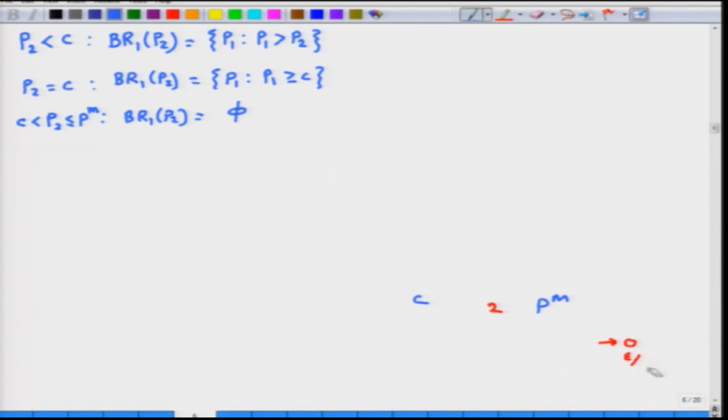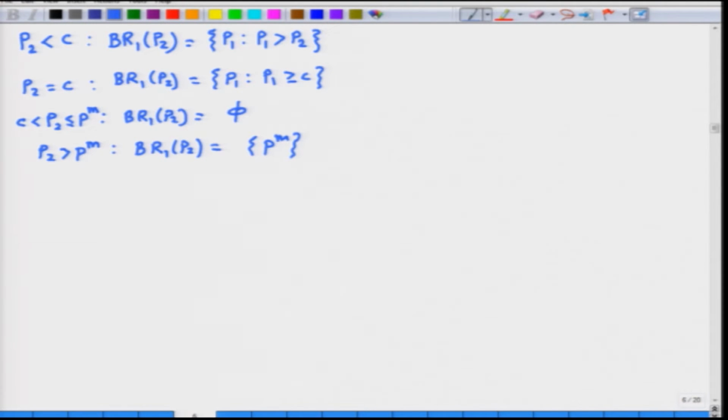So, there is no best response for firm 1. Finally, when firm 2 is choosing a price which is strictly greater than the monopoly price, firm 1's best response is simply choosing the monopoly price, right. So, when firm 2 is choosing a price strictly larger than the monopoly price, firm 1's best response is to simply choose the monopoly price.